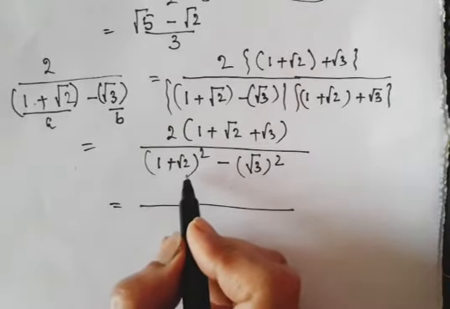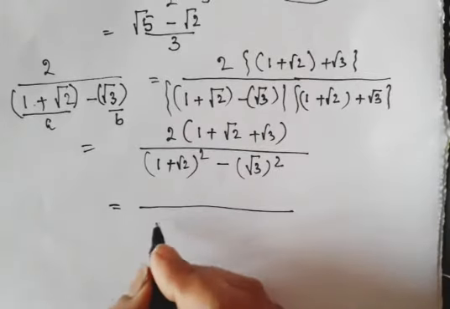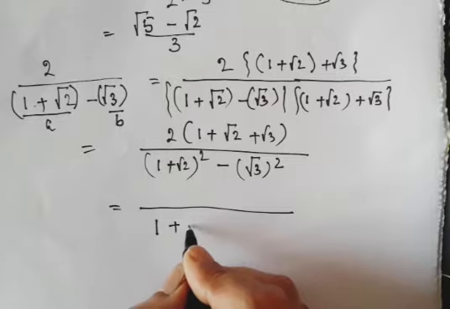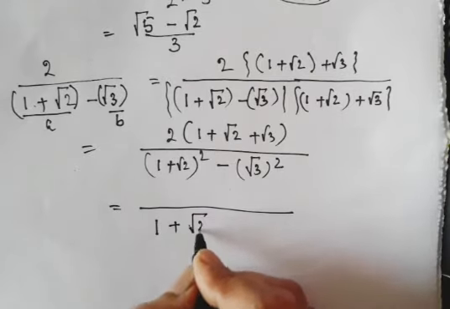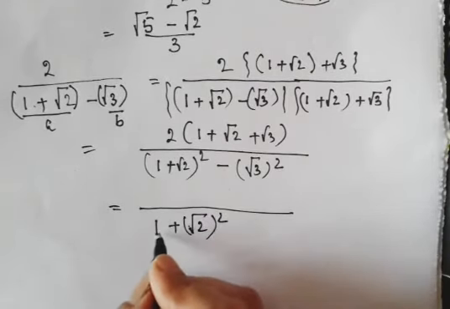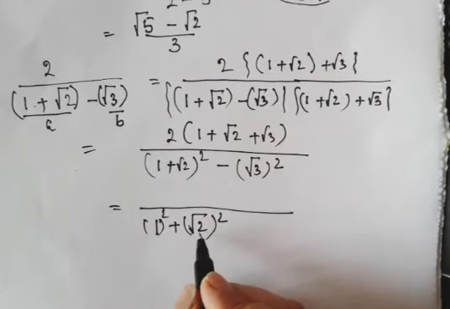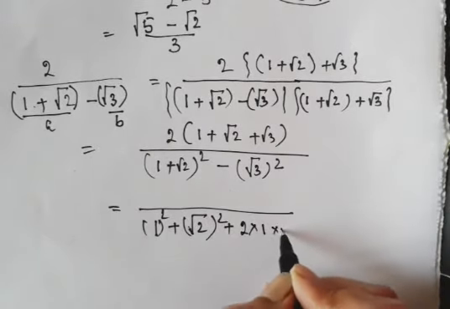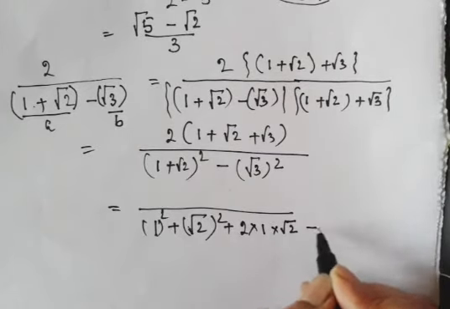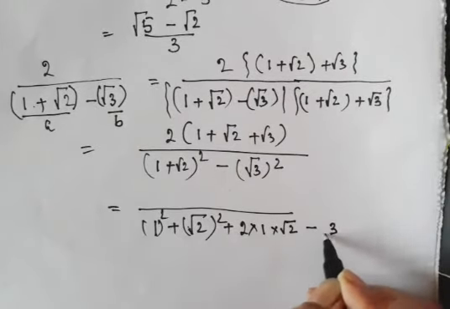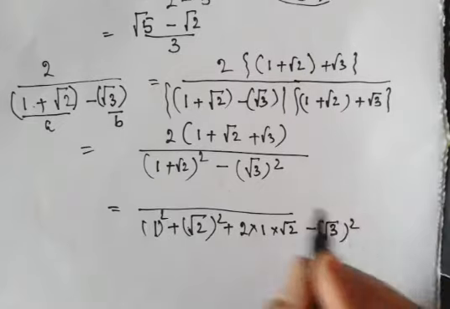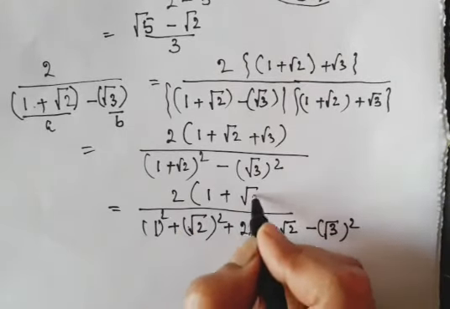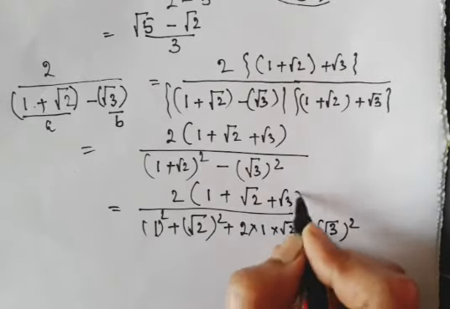Let us apply the formula to expand this one. So a square, plus root 2 square is 2. I am writing one more step here: a square plus b square plus 2 into a into b, minus root 3 square, and the numerator is as usual, whatever is there, let us write.